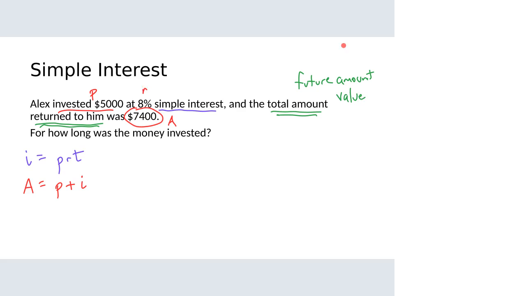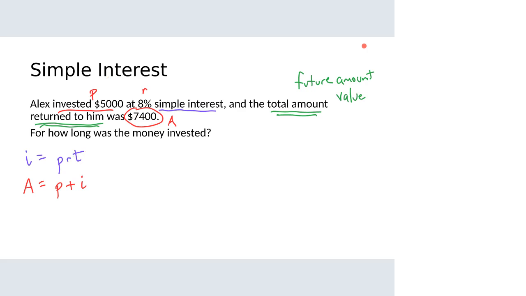So the thing that we're looking for here is the time. If I'm going to find the time, I'm going to need to know the principal. Okay, got it. I'm going to need to know the rate. Okay, got it. I'm going to need to know the amount of interest. I don't have that yet, but I can find it.